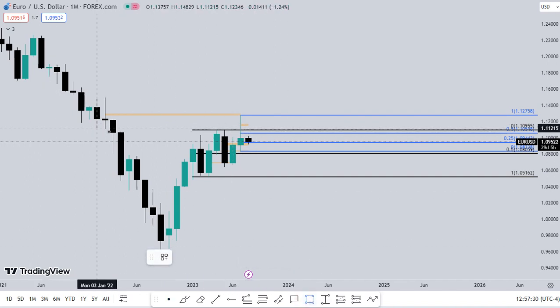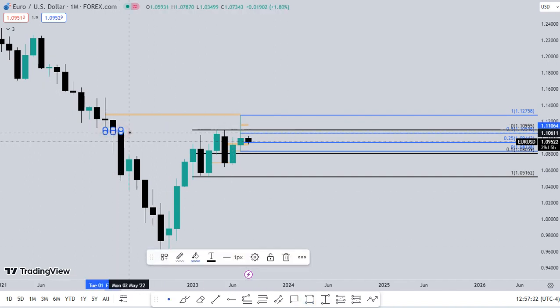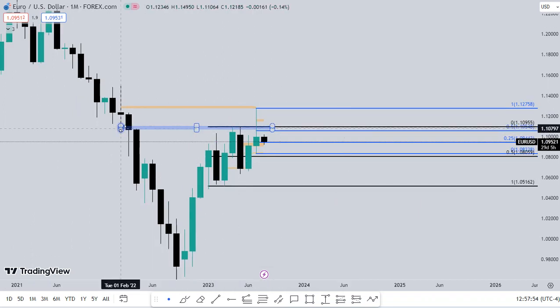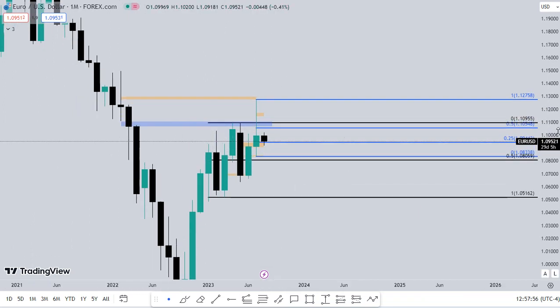Besides that, we had this monthly fair value gap on here, this monthly fair value gap blue zone. If Euro Dollar was bullish for higher prices like these levels, it should have closed this monthly candle above this monthly fair value gap, which is these highs above here, but it could not close and it got rejected from this level, and this level has acted as an essential level of resistance.